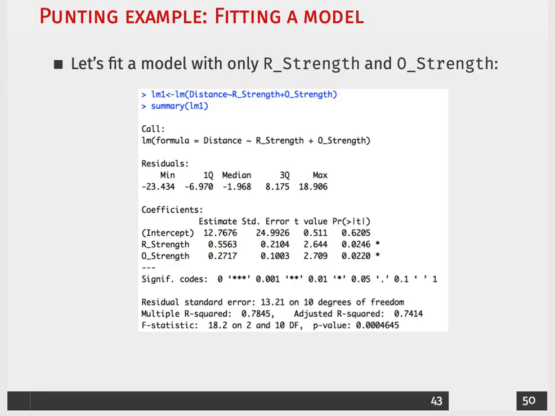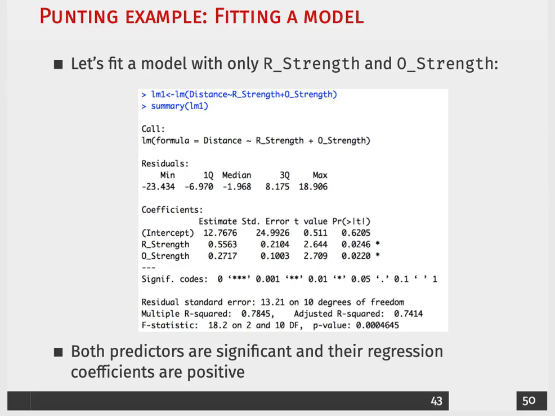So this seems to be working in the way that we may expect, right? And we can see that our multiple R-squared value is quite high. So these two variables are explaining about 78% of the variation that we see in distance, which is a positive sign, right? Both predictors are significant and their coefficients are in the direction that we would expect.